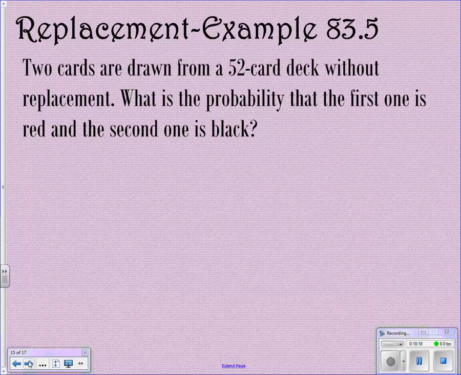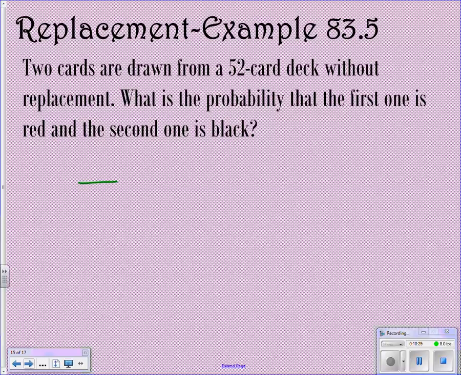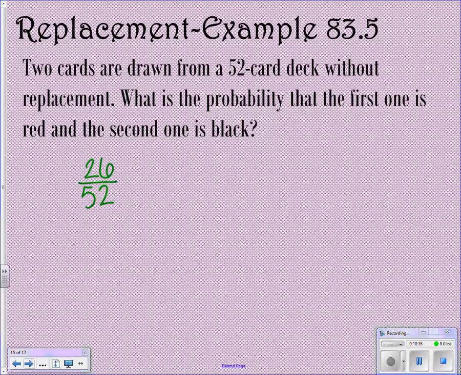Looking at another one. 2 cards are drawn from a 52 card deck without replacement. What is the probability that the first one is red and the second one is black? When we draw the first time, we've got 52 cards and we want a red. Well, there are 26 red cards. And it says without replacement.